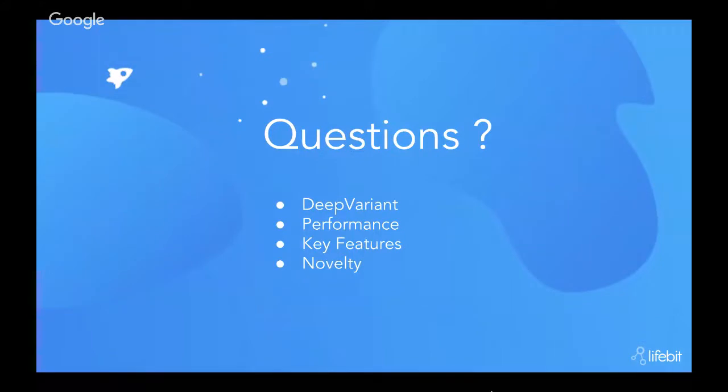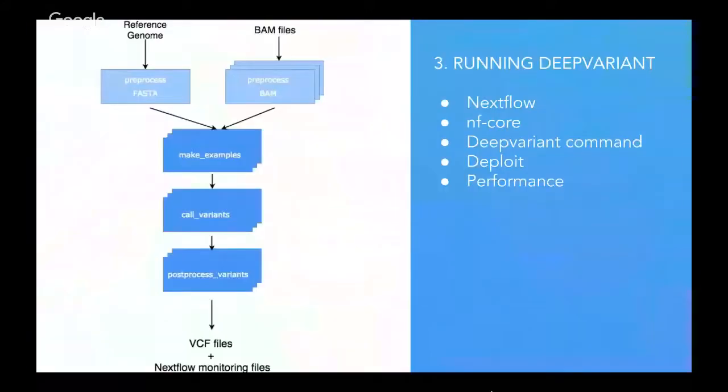Okay, if there are no questions, I think we'll continue discussing how to actually run DeepVariant. We are going to introduce our approach. Of course, all the information for DeepVariant is publicly available: all the scripts, all the code and the model.